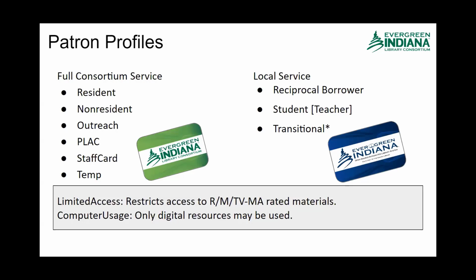In fine-free libraries, it's less of a benefit anymore. And then there's also a temp card. And then there are individuals who are local service only individuals. They will receive a blue card. And so you'll hear mentioned the green card and the blue card. The blue card is for local service only.